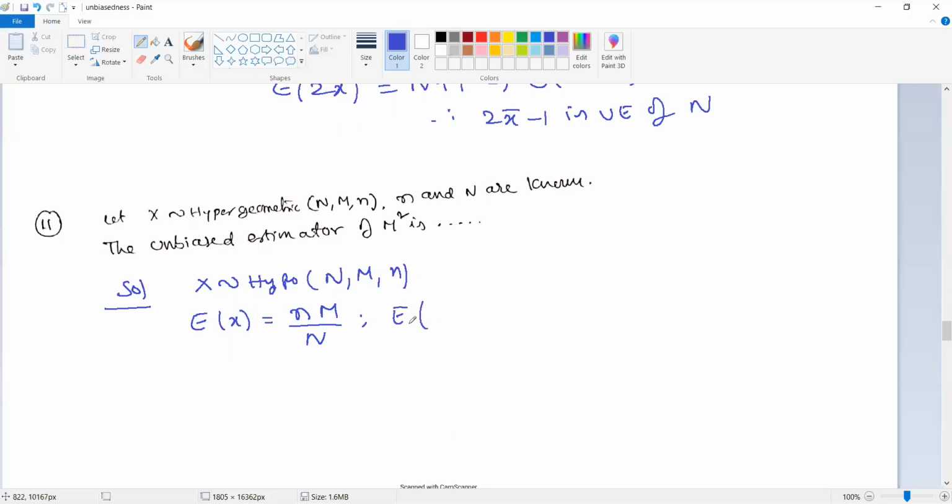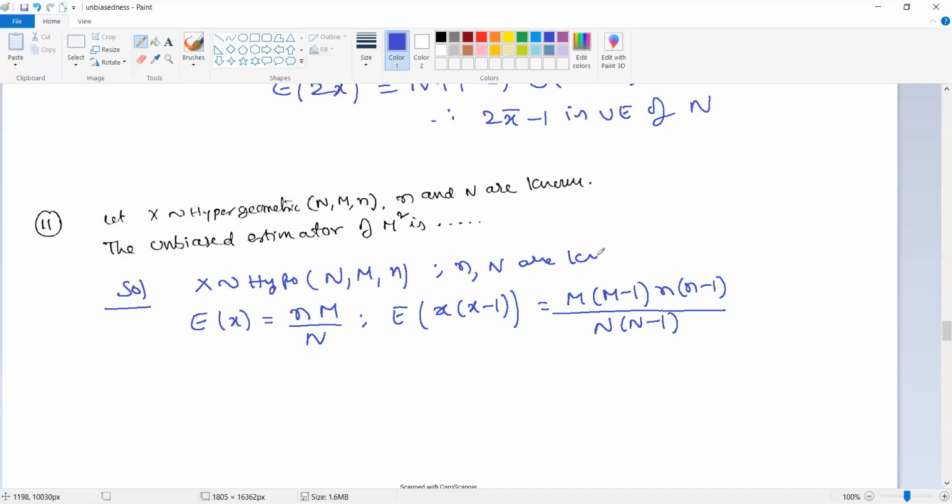One more function is required: E of X into (X minus 1) is equal to M into (M minus 1), small n into (small n minus 1) by capital N into (capital N minus 1). Here small n and capital N are known constants.